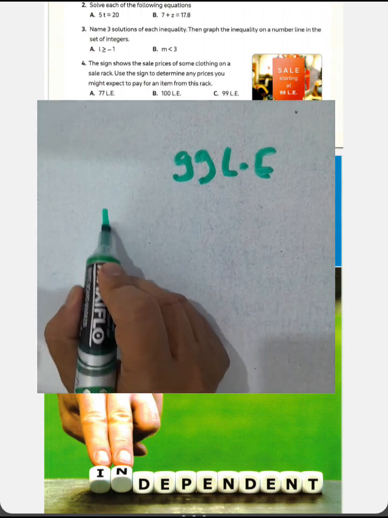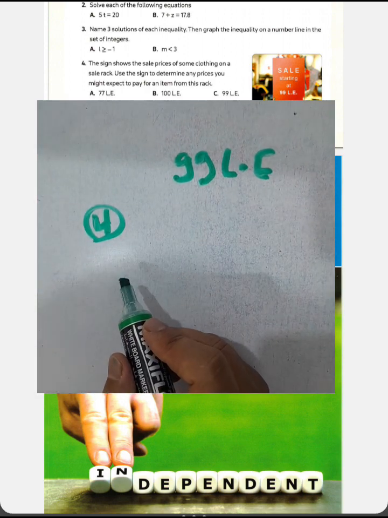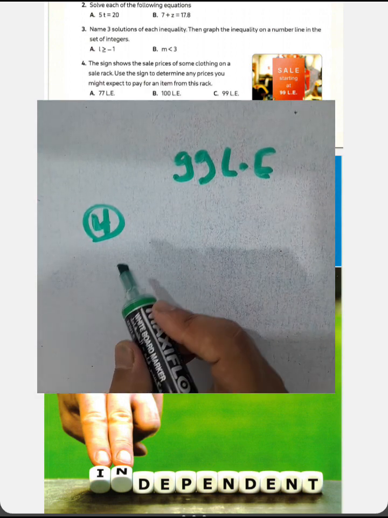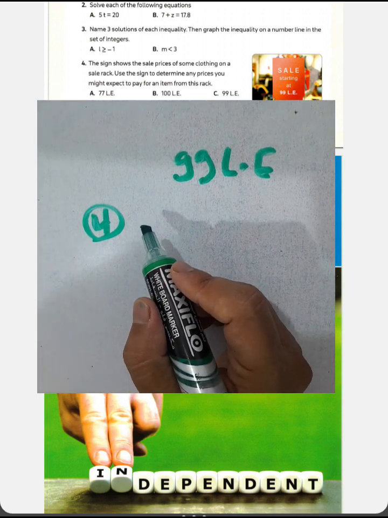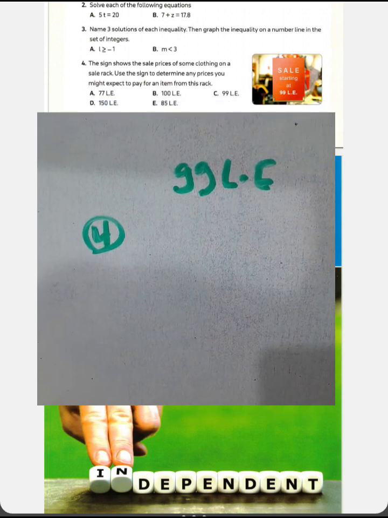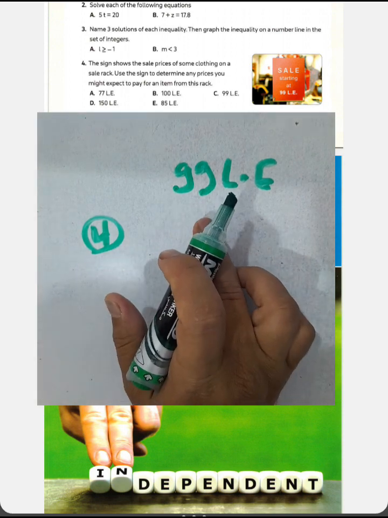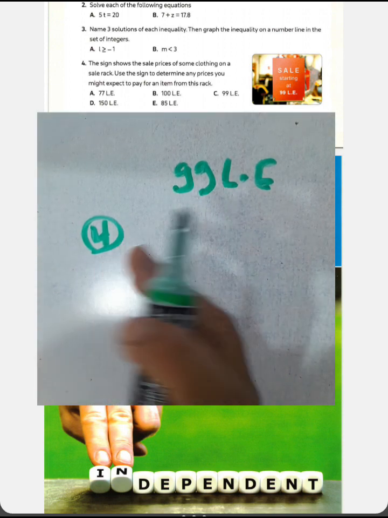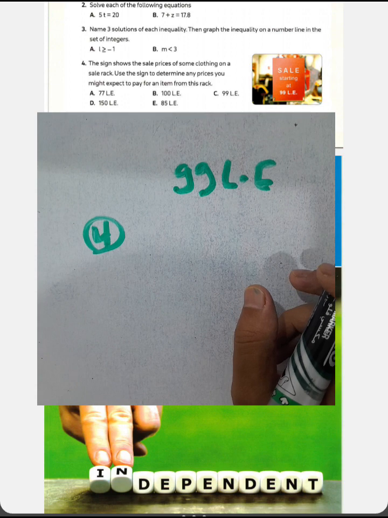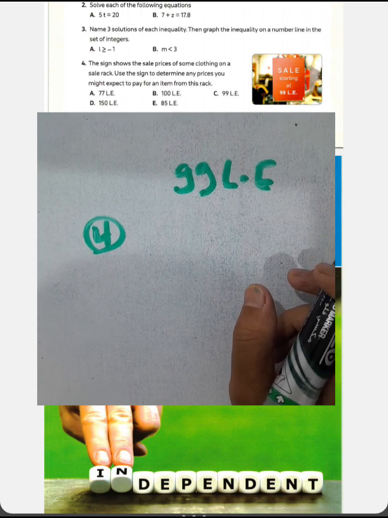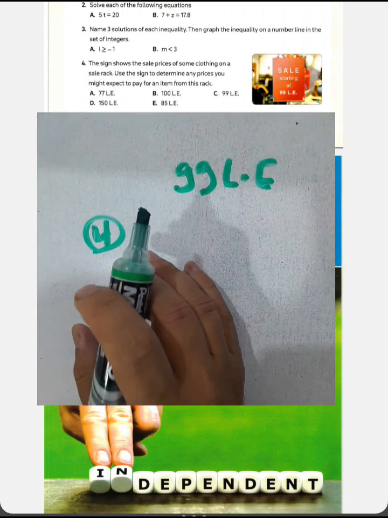We can determine the price. What can we write about the solution? Any number less than or equal to 99, or greater than. You can use the sale price here, 99 Egyptian lira.